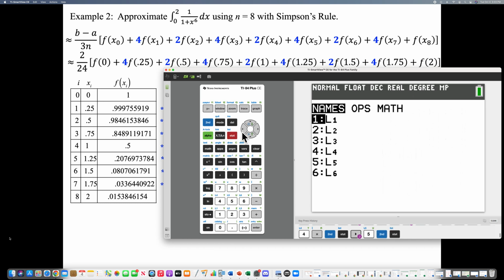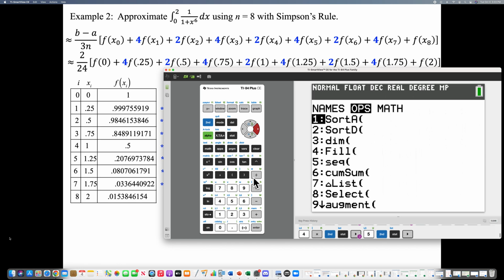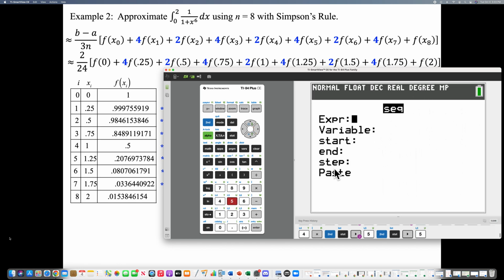Second stat under the ops is your sequence, number 5. So that's going to take you to this window. Now, recall that where is my variable expression? Again, we have it saved in y1, so alpha trace, number 1. What's the variable that we used there? We used an x.